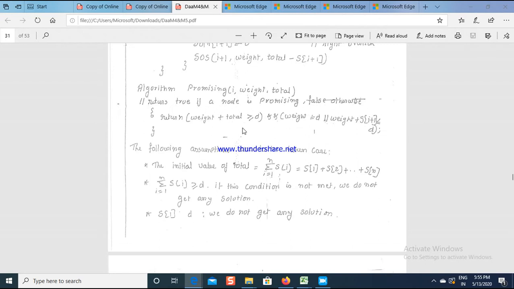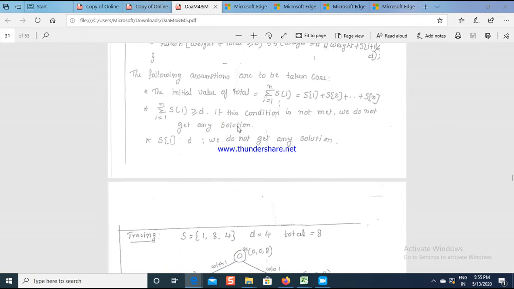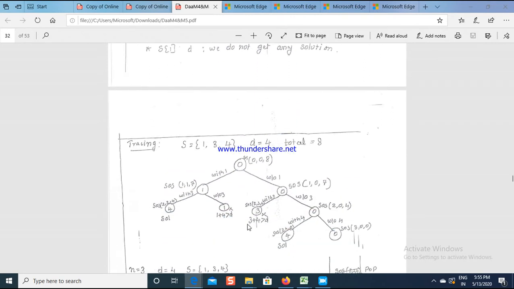I told you when the dead vertices occur. If the weight plus the next element addition is greater than D, that is a dead vertex.